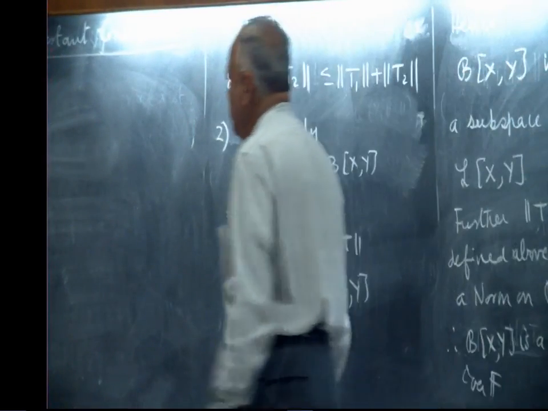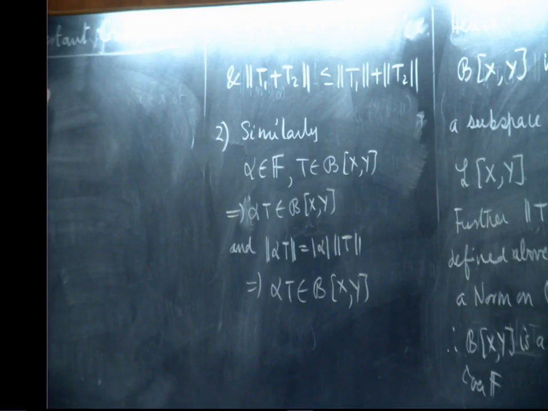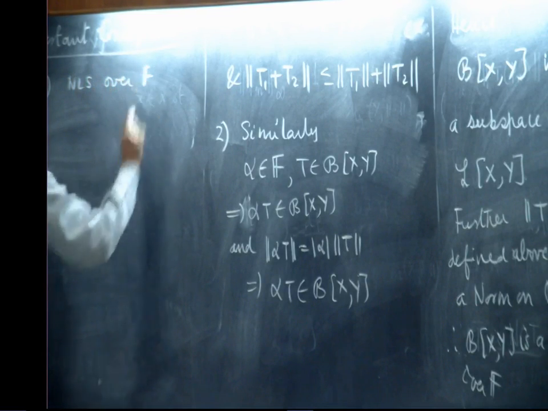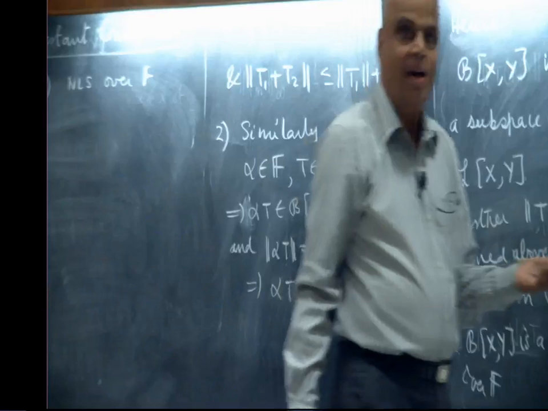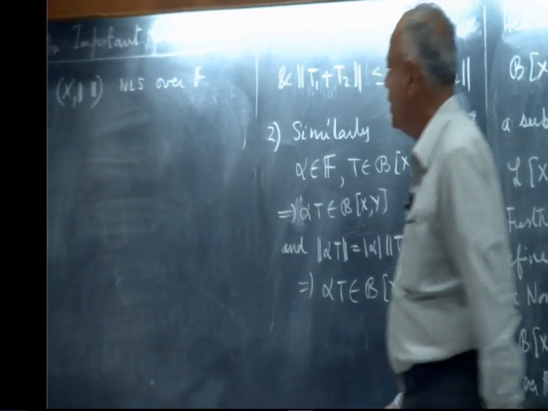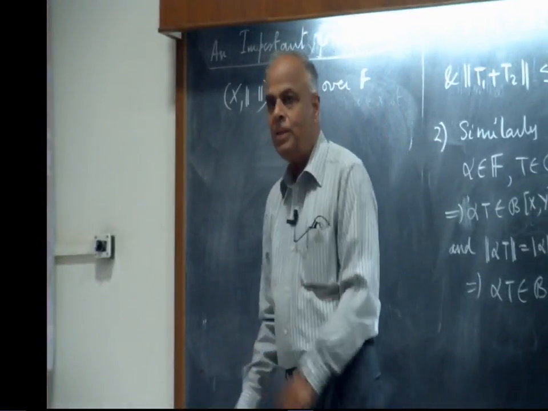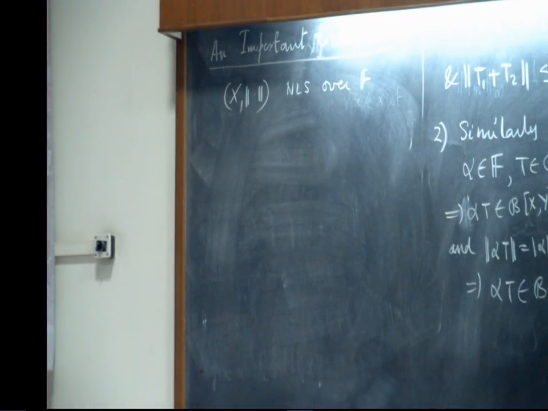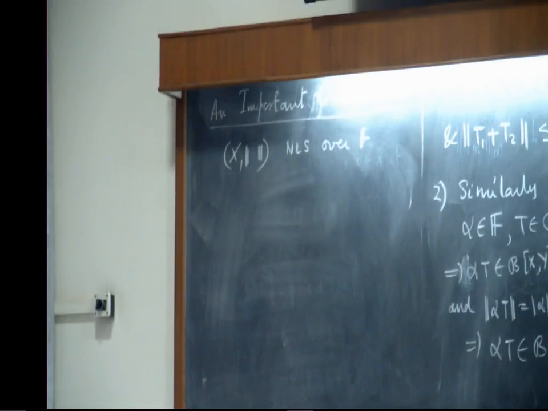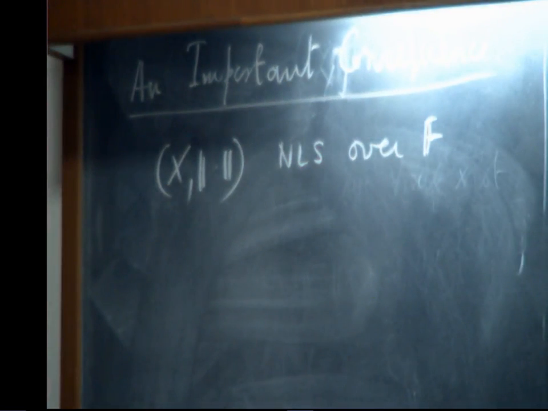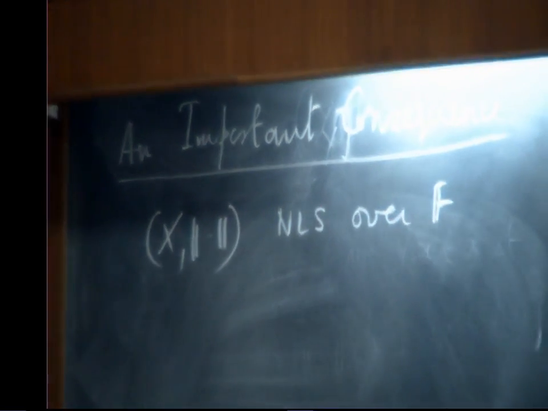Take a normed linear space over F, where this F is what? Real or complex. So, I always consider either a real normed linear space or a complex normed linear space. Let us take for example F is real. If F is real, I can take Y to be R itself. Real numbers form a normed linear space, right? Or if F is C, I can take Y to be C itself, and the complex numbers is a complete normed linear space.